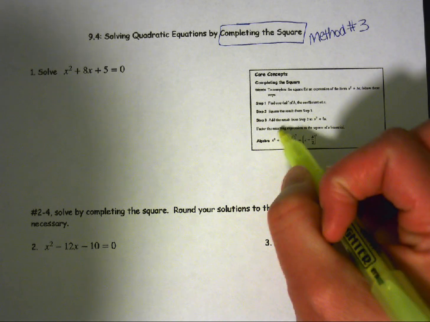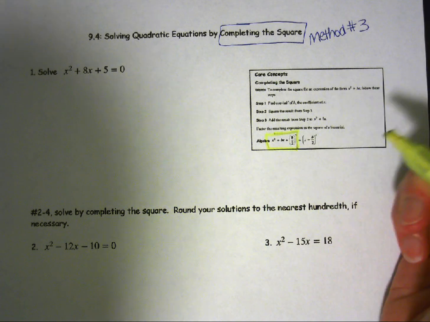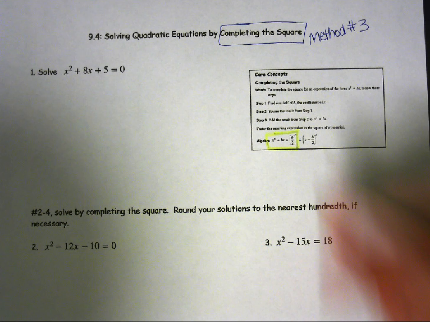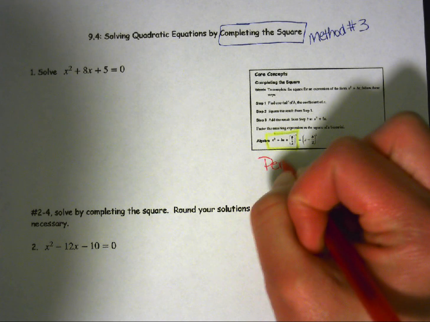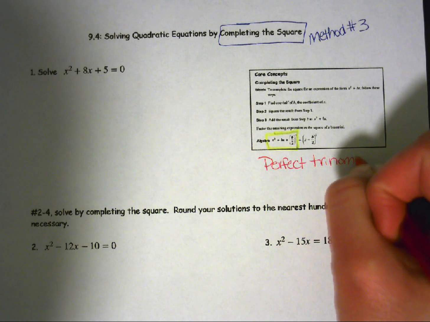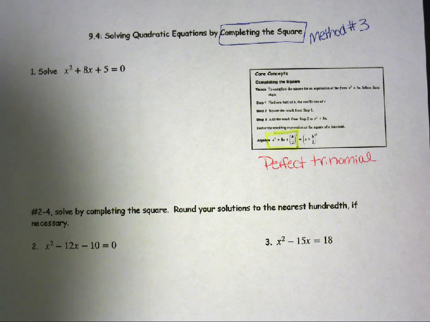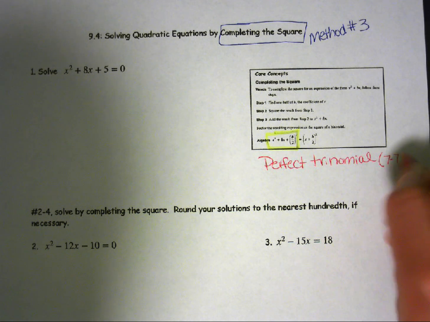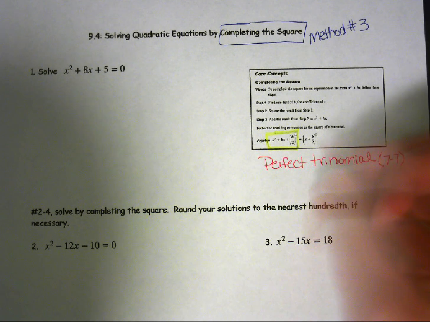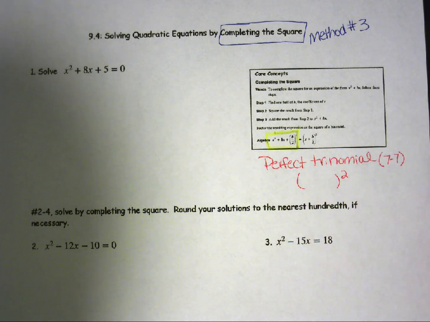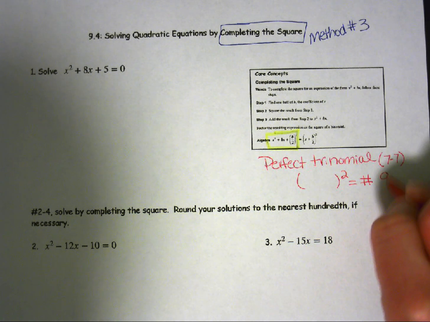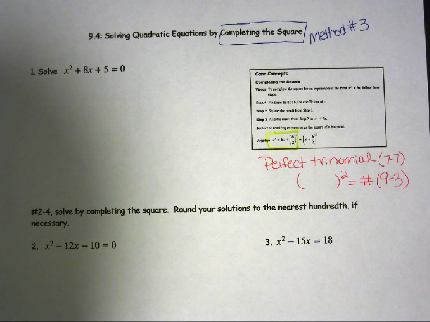But right here, at the very bottom, this is kind of the key. What we're going to try to do is create a perfect trinomial because we know how to factor a perfect trinomial. We did that in lesson 7.7. And then once we get it to a perfect trinomial, so once it looks something like this, equals a number, then in lesson 9.3, they showed us how to solve it.